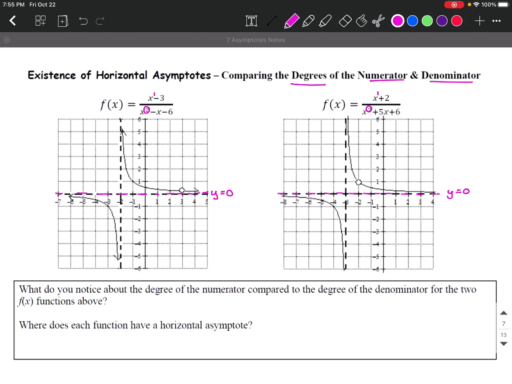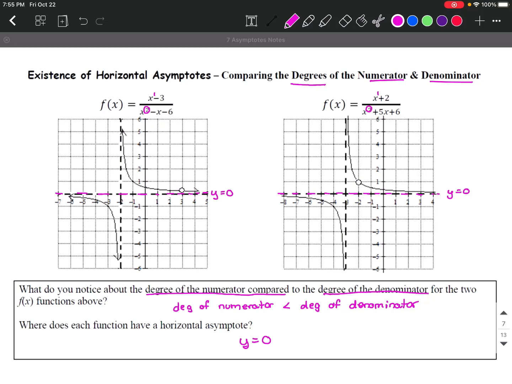Now, what do you notice about the degree of the numerator compared to the degree of the denominator? The degree of the numerator is smaller than the degree of the denominator, right? And both of these have a horizontal asymptote at y equals 0.